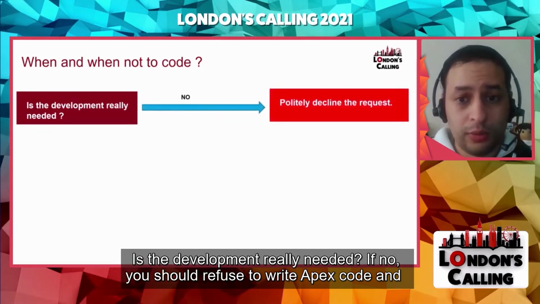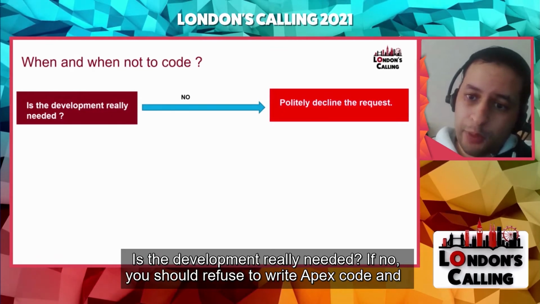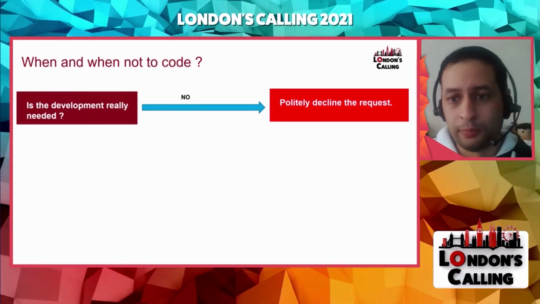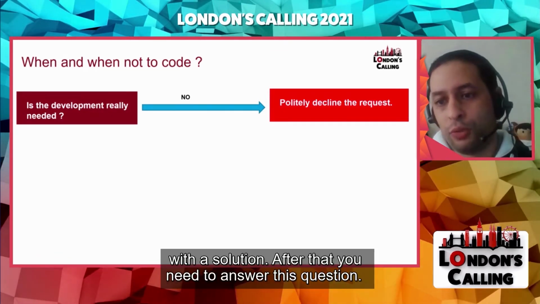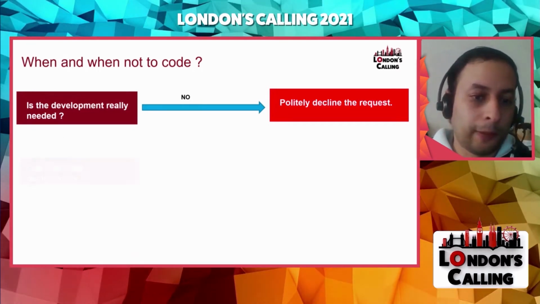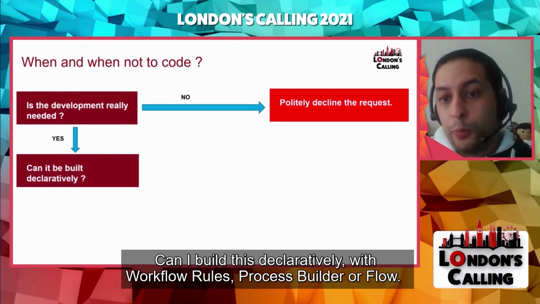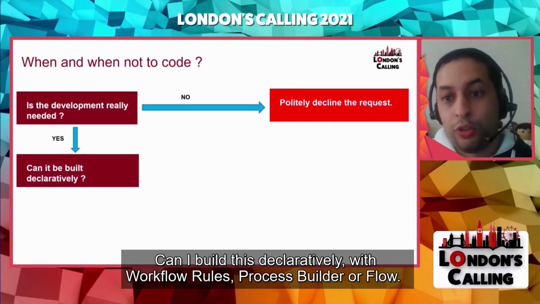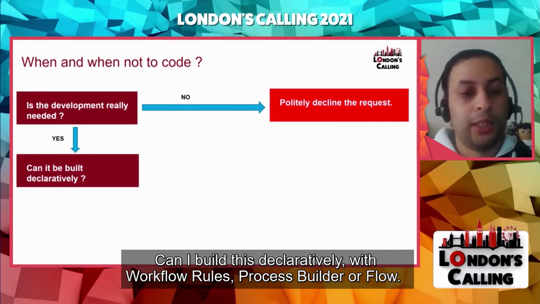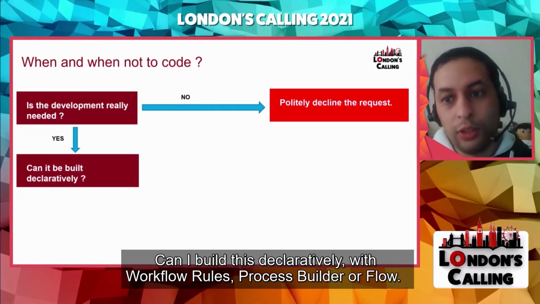If no, you should refuse to write Apex code and build a solution with declarative tools. After that, you need to answer this question: can I build this feature declaratively? That means with workflow rule, Process Builder, or flow.